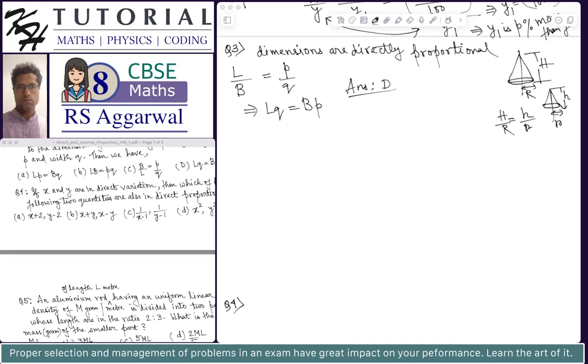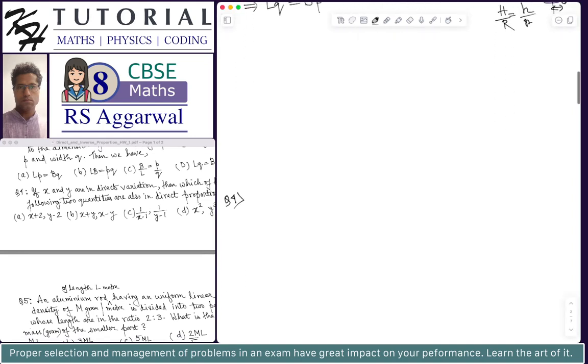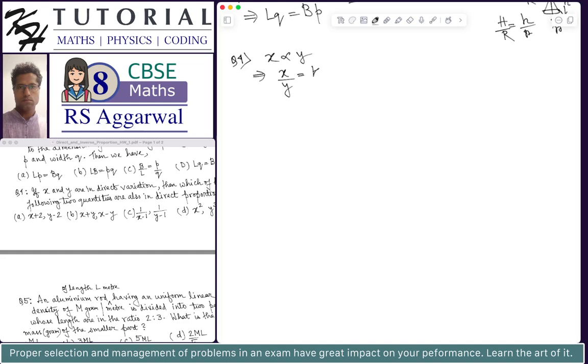So it is given that x and y are in direct proportion, which means mathematically we denote it as x varies directly with y. From here we can say that the ratio between them, x by y, is a constant k.